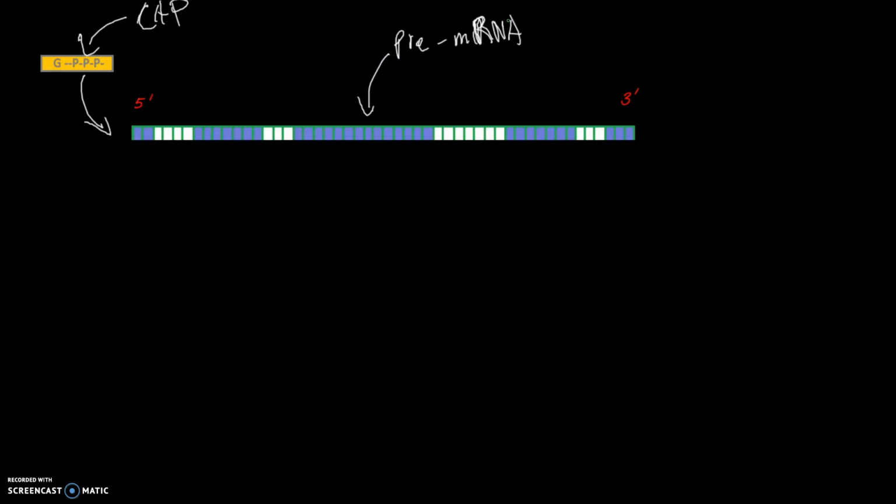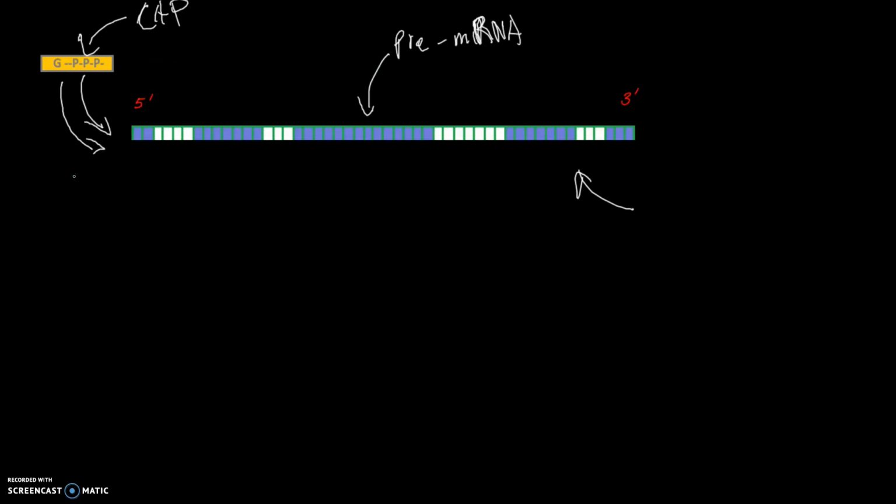Now, why does the cap have to bind to the messenger RNA anyway? Why can't this messenger RNA leave the nucleus without this cap attached to it? The job of the cap is to control the initiation of translation of this messenger RNA.